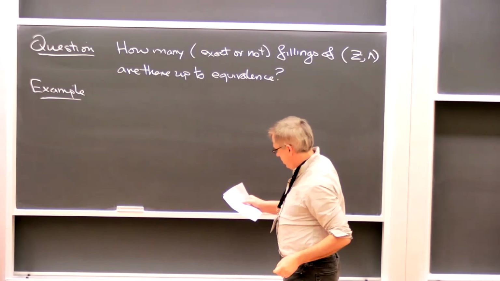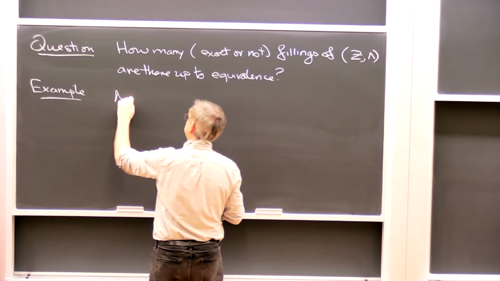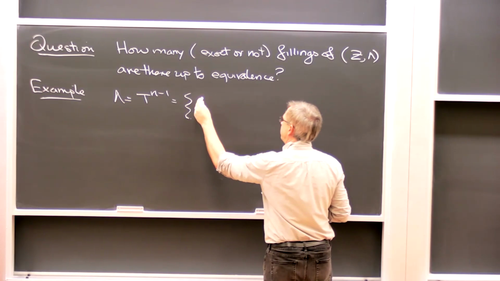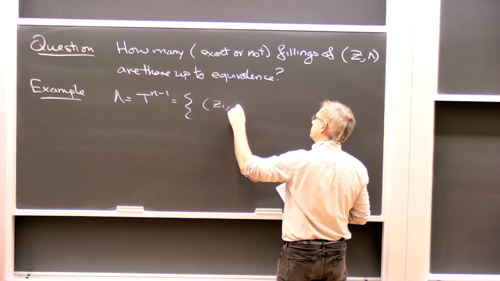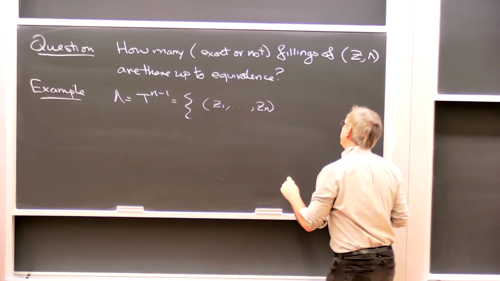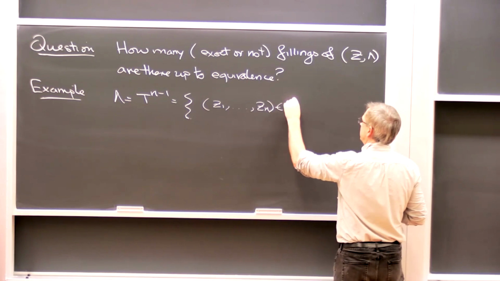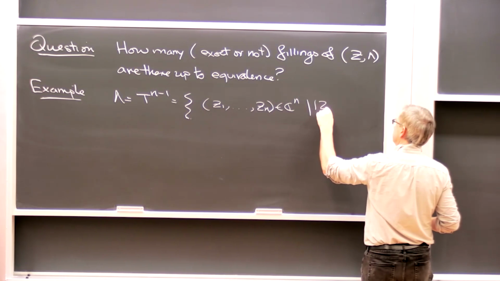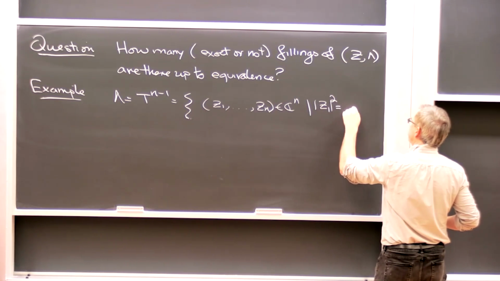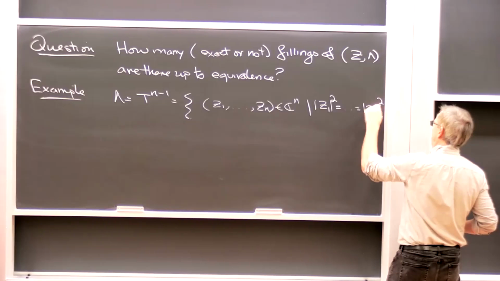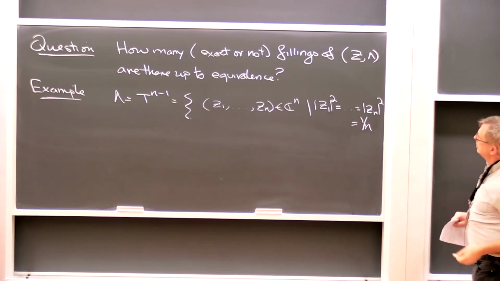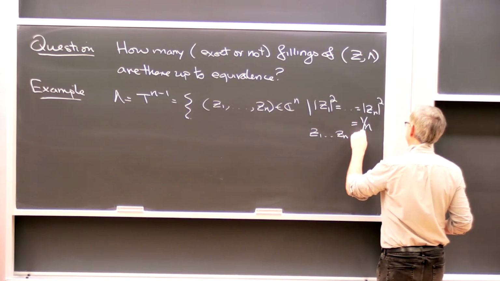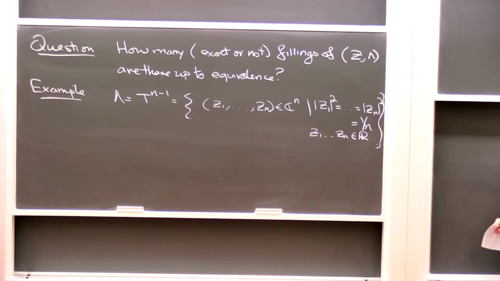Well, I can take the n-1 torus in the unit sphere. So this is the set of n-tuples of complex numbers, so that each norm squared is 1 over n, and the phase is fixed by requiring that the product is real.